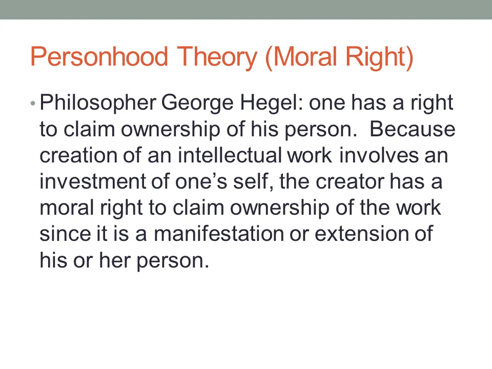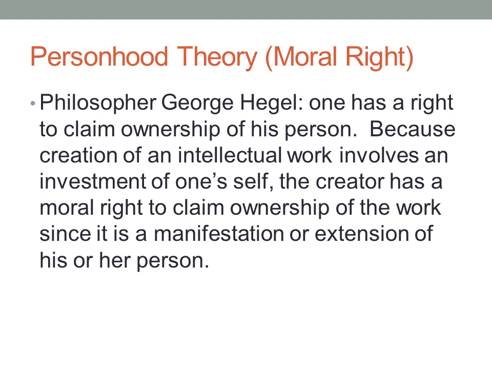So based on this theory, intellectual property is necessary so that inventors and creators can have access and control over their works in order to exercise the full extent of their autonomy. Okay? Intellectual activity involves an investment and expression of personality.